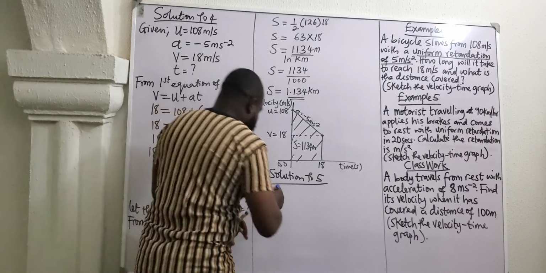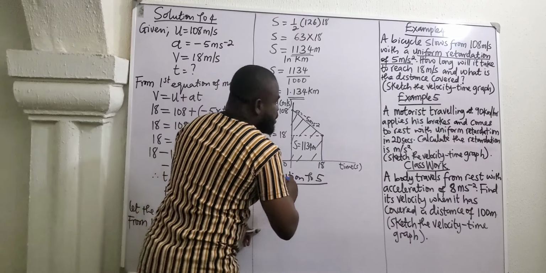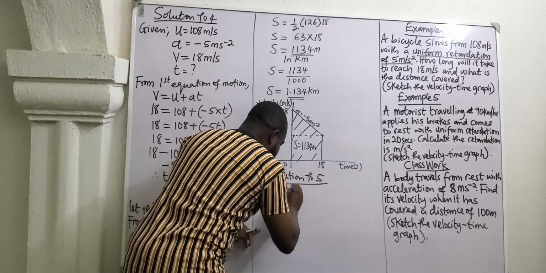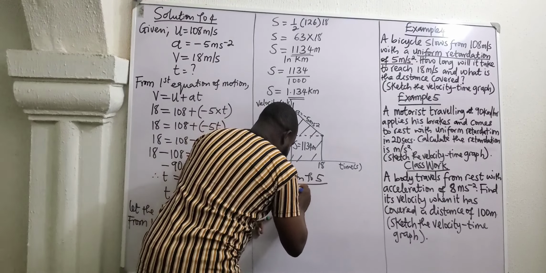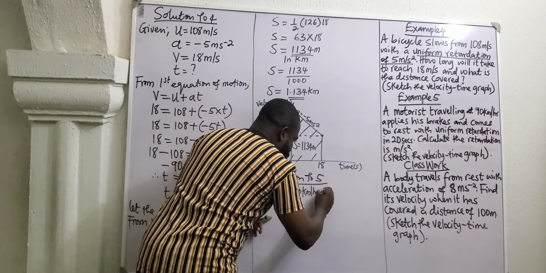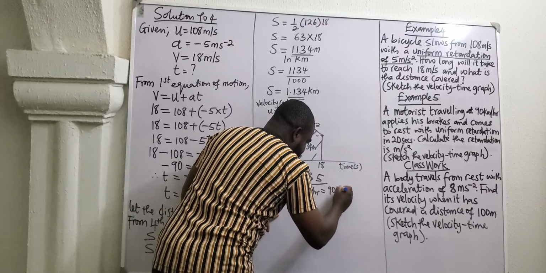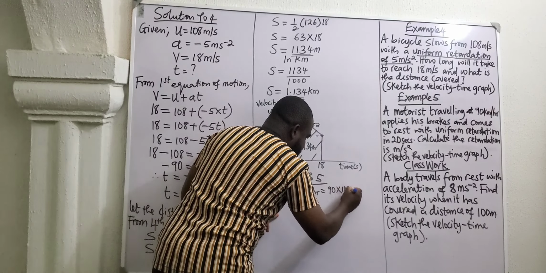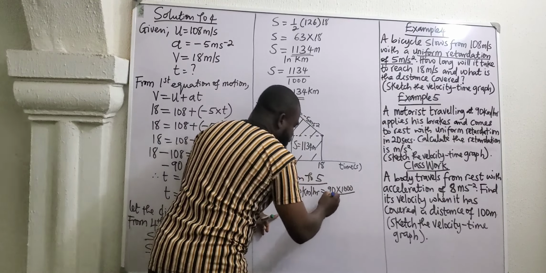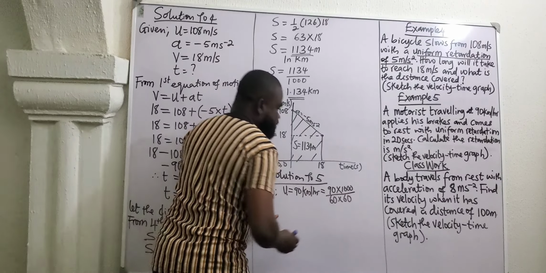So you convert it. So we say given initial velocity U equals 90 km per hour, which we convert to meter per second by saying 90 times 1000 over 60 times 60.